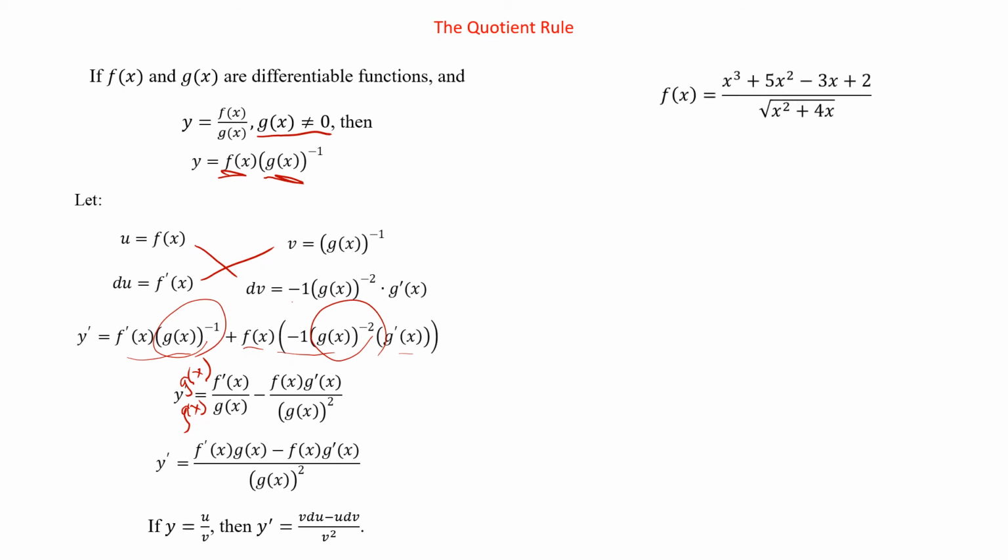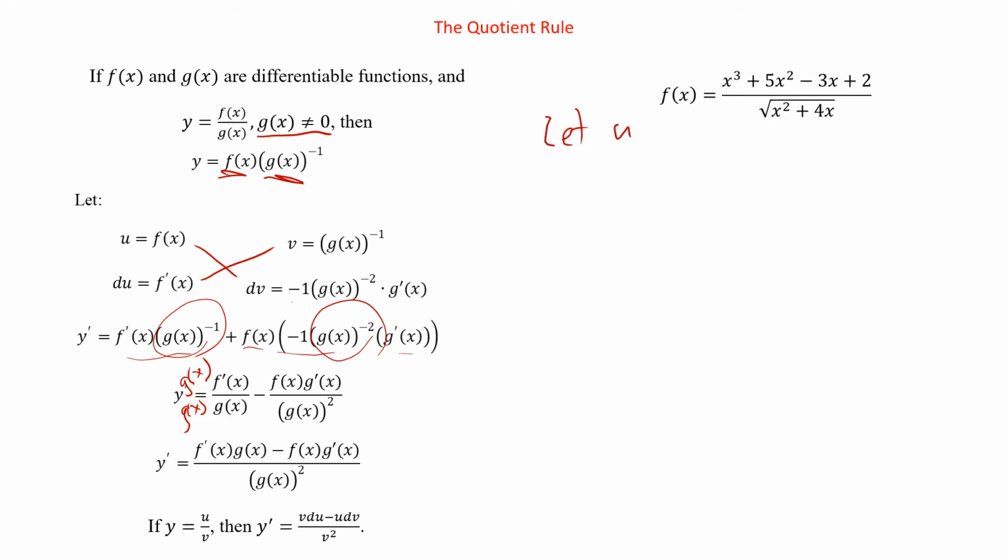So let's look at a problem like this. We have f of x equals a polynomial over polynomial. I didn't even have trig in this one. You don't have to have trig. We can have polynomials or power, we have square root. We're still going to do the same thing, u and v.